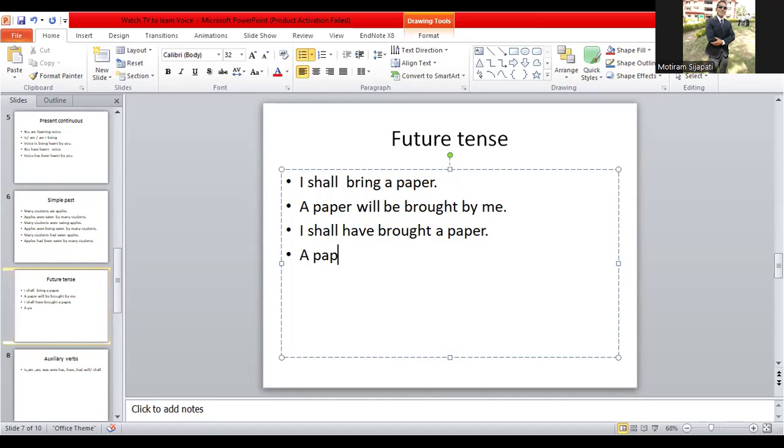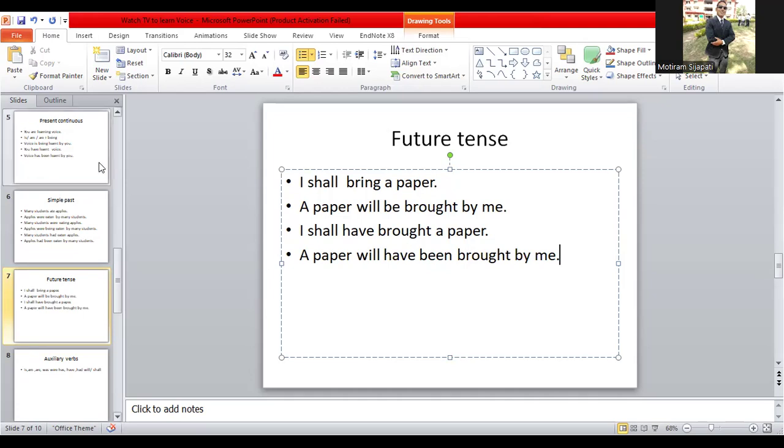A paper, then will have been brought by me. We cannot use shall with other subjects; it is better to use will. That's the way we use it here. So future continuous we could not do. Future perfect we did, and for future perfect continuous there is no passive voice.